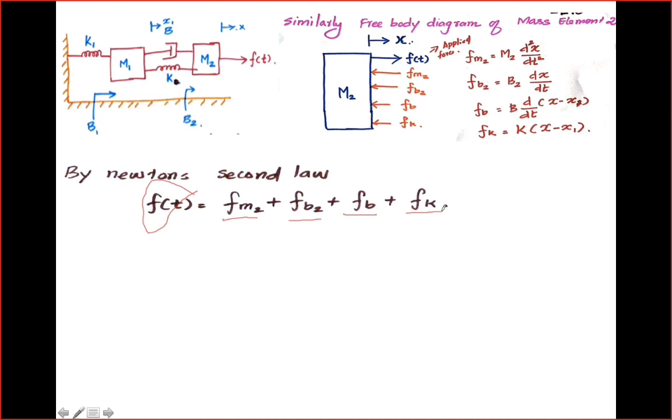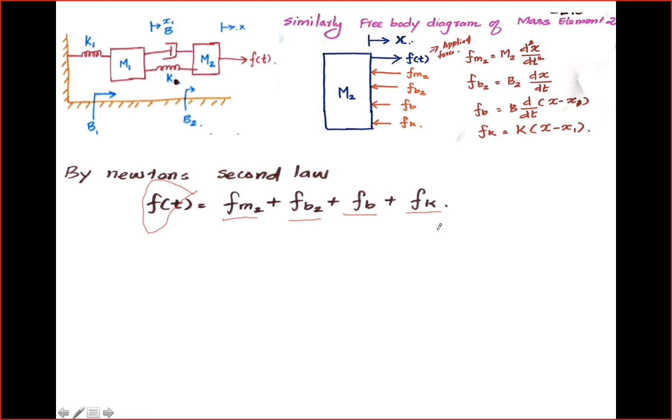This is the force balance equation related to the free body diagram of mass element 2, that is, applied force is equal to opposing force. F of t is equal to this one.